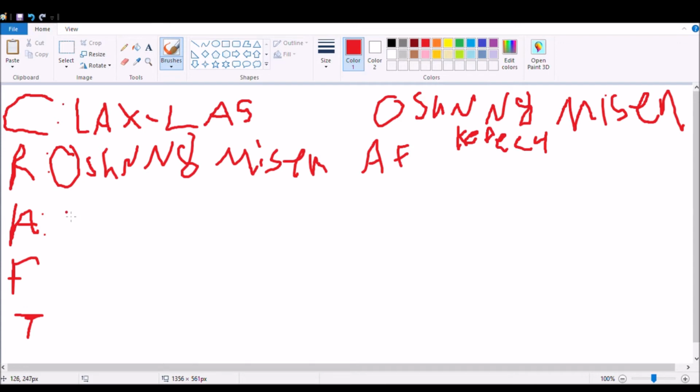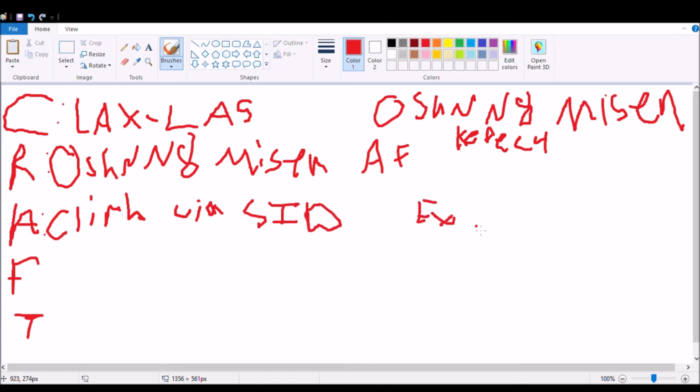I'll just say climb via SID. Expect flight level 270 within 10 minutes. Again, they say that. So if you lose radio communications with ATC, you go straight up to flight level 270.